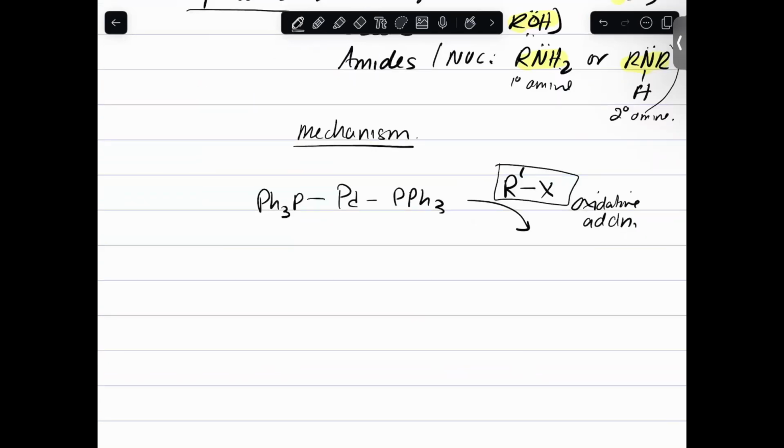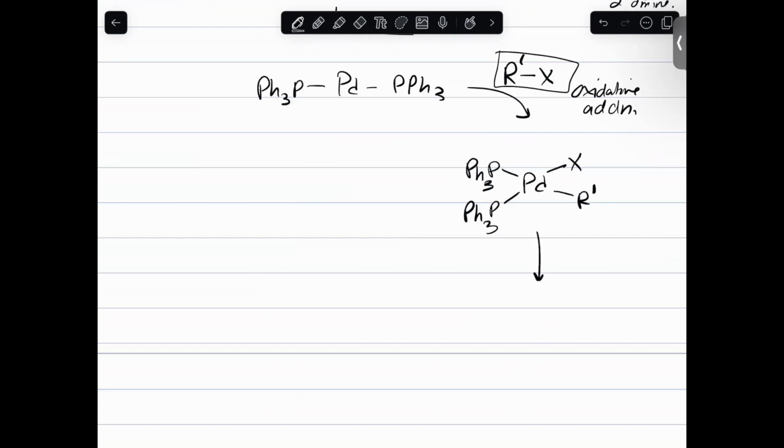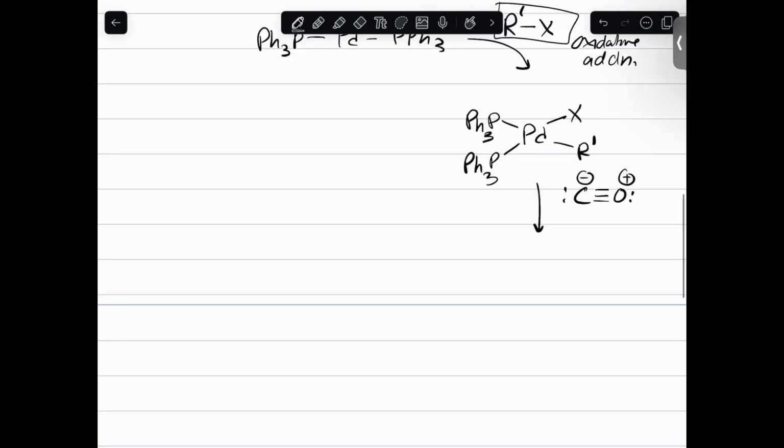And just like before, we've got our product and we introduce our carbon monoxide. It complexes to our palladium. Just like before, it does a migratory insertion.